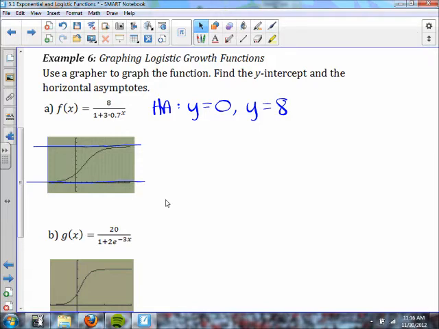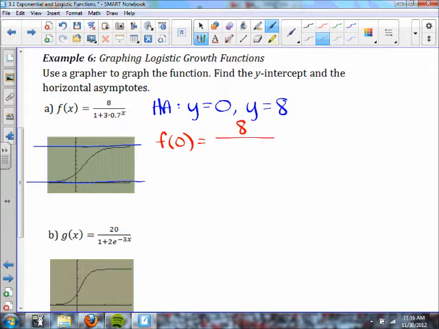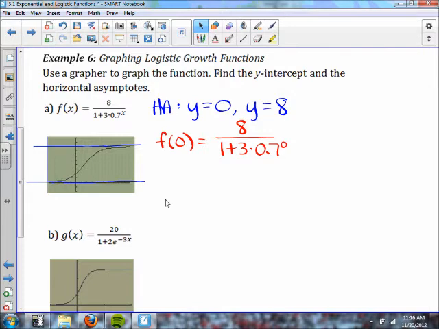Okay? Now, to find our y-intercept, that is when x is equal to 0, so we're going to put 0 in for x to find our y-intercept. So 8 over 1 plus 3 times 0.7 to the 0 power. Now we talked about yesterday, anything to the 0 power is how much? Anything to the 0 power is 1.